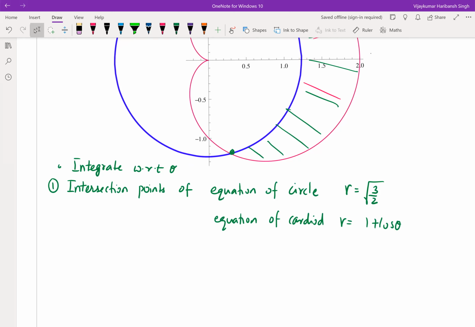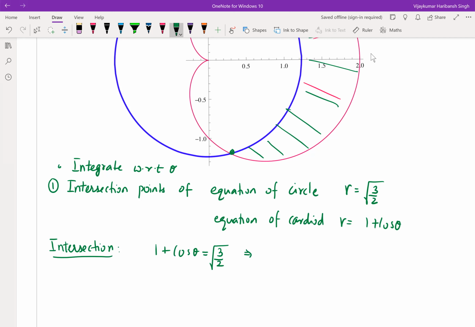The intersection is given by equating r. So we have 1 plus cos theta equals root 3/2.